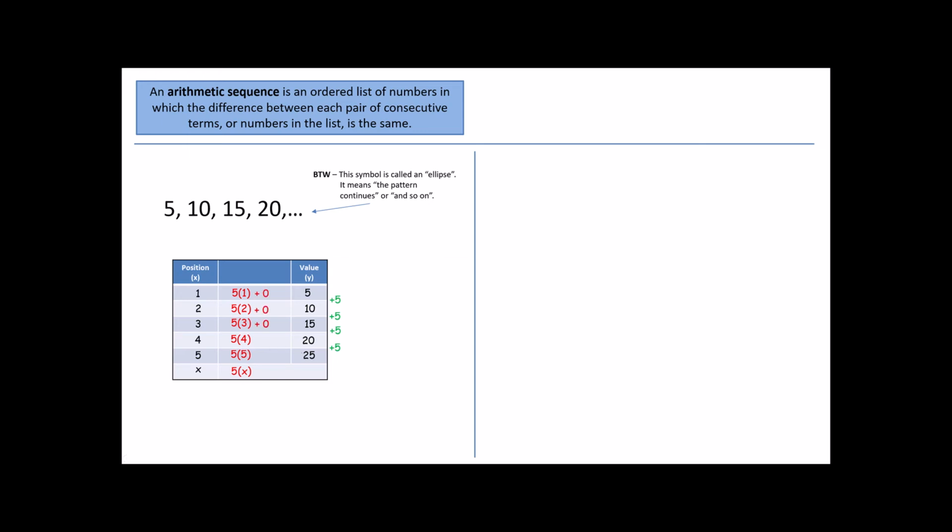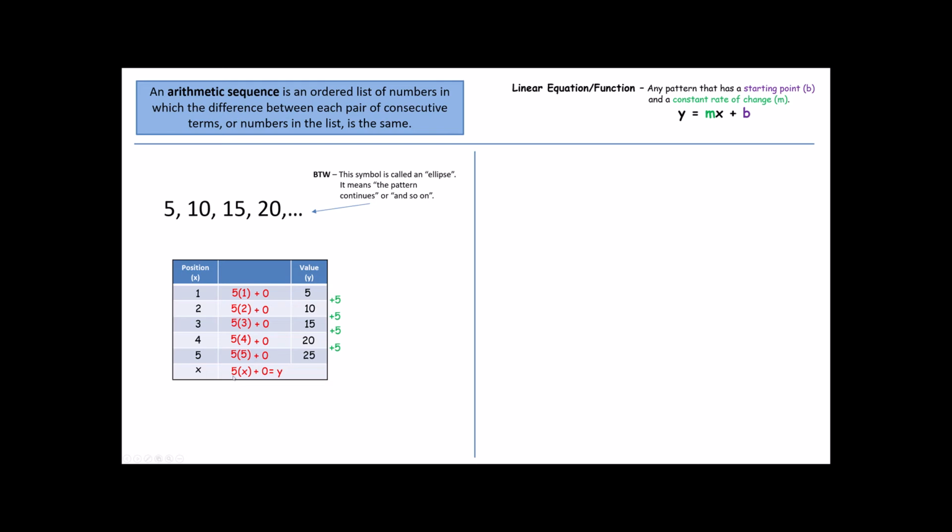So really, we don't need to add anything extra onto the end of this pattern in order to make it fit. It could just be 5 times x, or in this case, 5 times x plus 0, so that it matches our linear equation form. Now, in our previous videos, we said a linear equation or function is any pattern that has a starting point b and a constant rate of change, and we said that can be expressed as y equals mx plus b, where m is the constant rate of change.